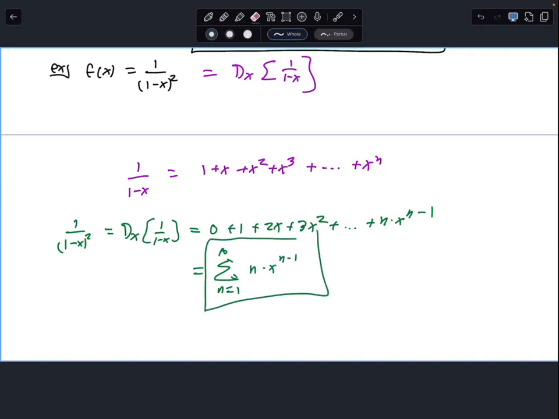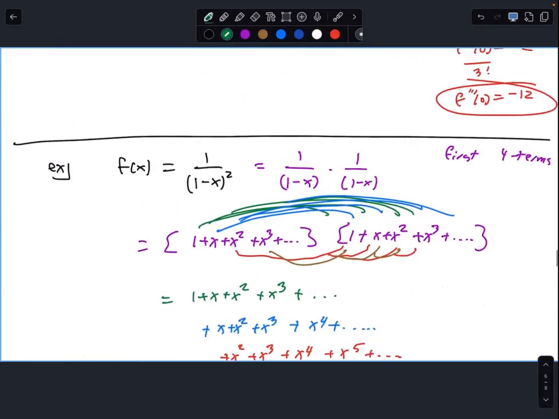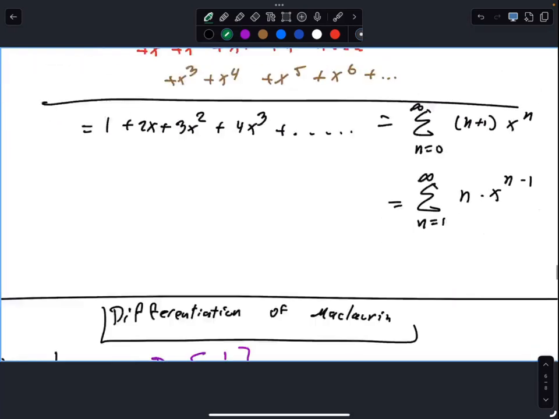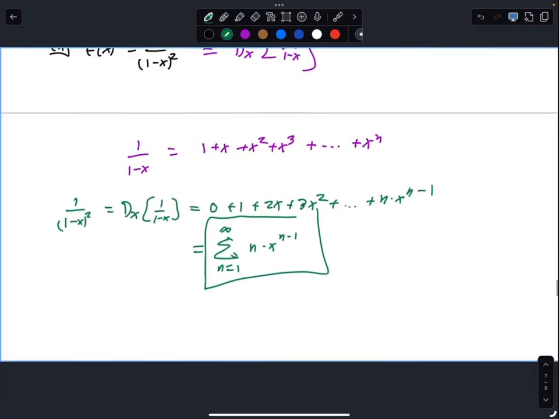So they are the same thing. If you were to do it this method, you would get the series from n equals 0 to infinity. But if you're using differentiation, you're actually going to be starting at n equals 1, not at n equals 0. So that's just something to note. They are equivalent, they are the same thing, and that's also why it started at 1 and not 0.